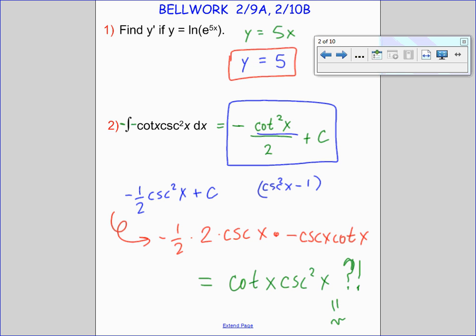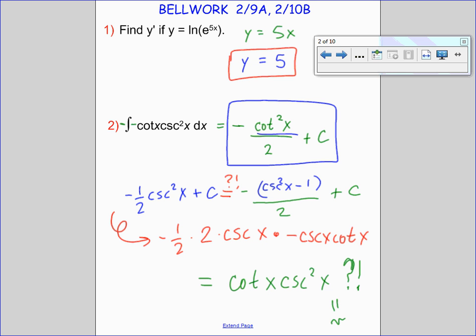I keep the negative. We keep the 1/2. We keep the plus c. How is negative cosecant squared minus 1 all over 2 plus c equivalent to Tyler's antiderivative? Are they equivalent? Yeah.